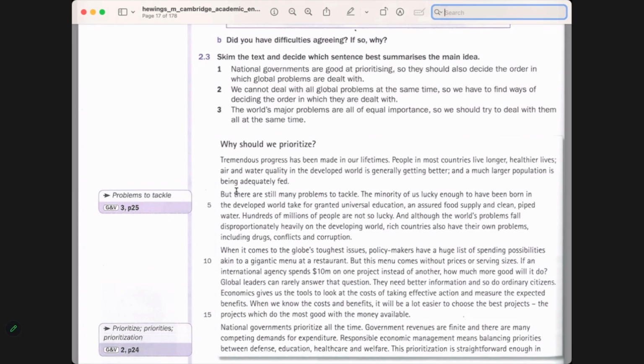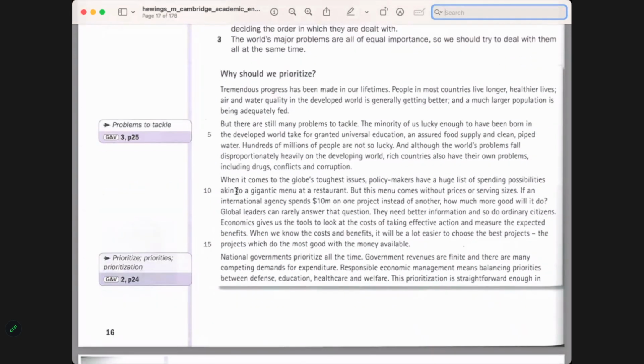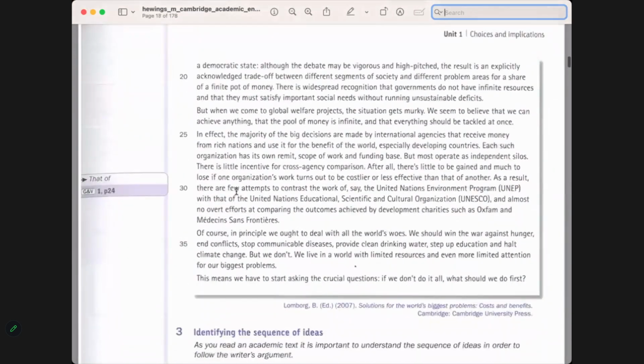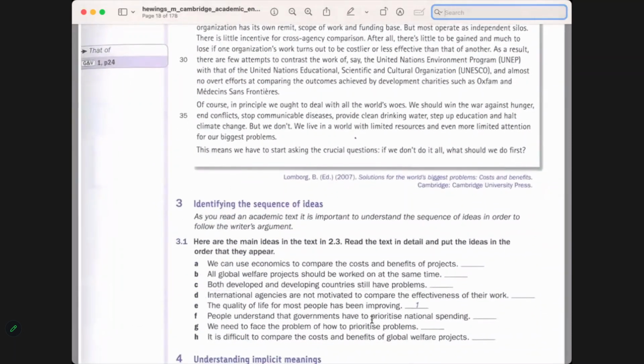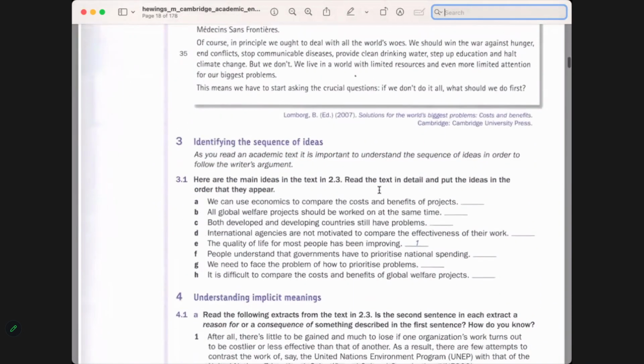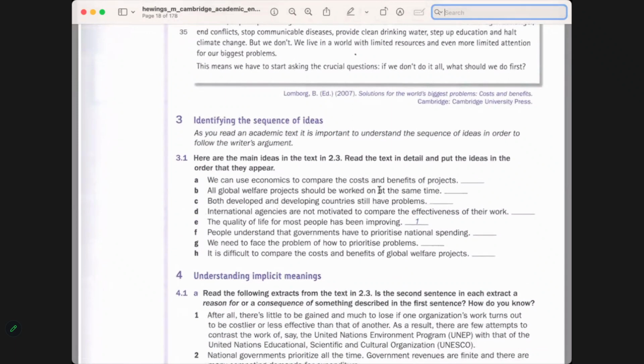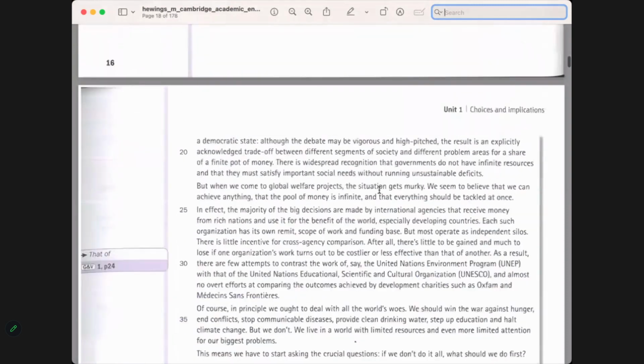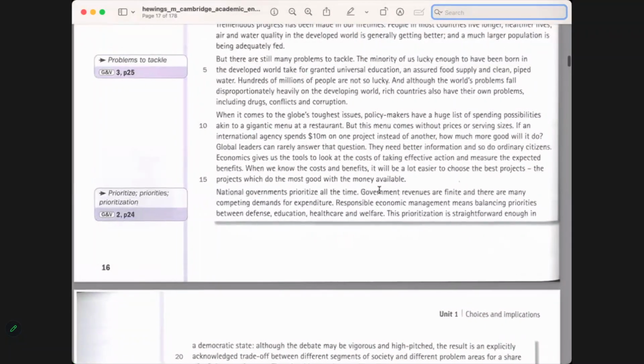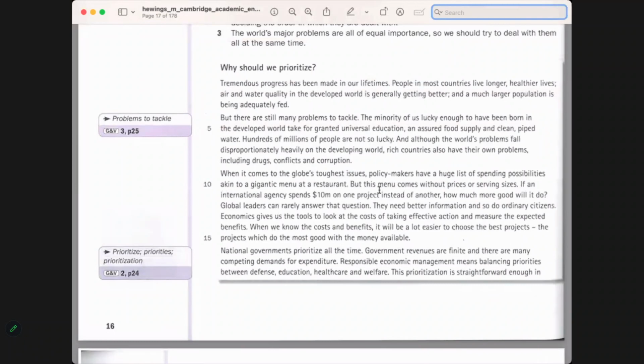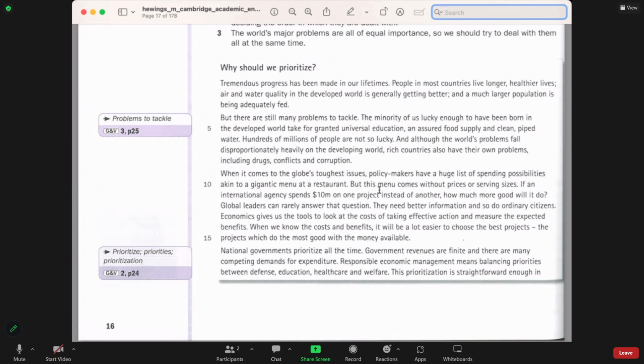Okay, so the next one, now you will read the whole text thoroughly, because after that you have to identify the sequence of ideas in this text. So read this text in general to see what this text is about, and after that we will put the ideas in correct order. Okay.